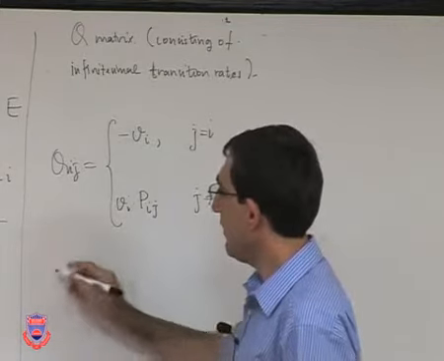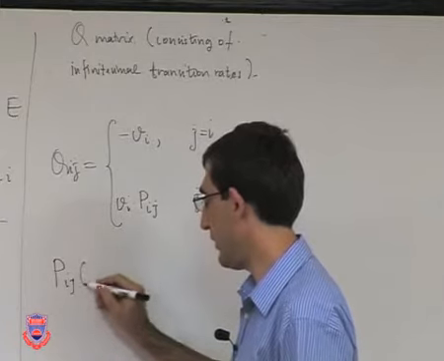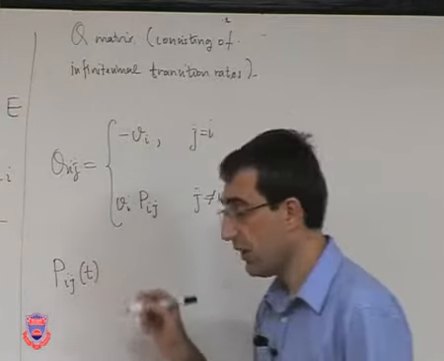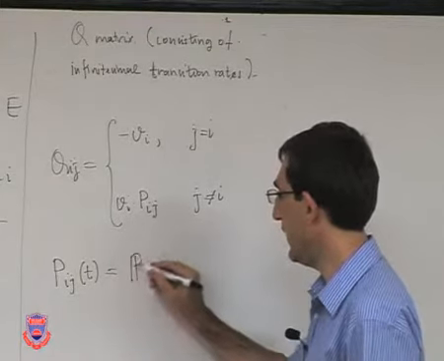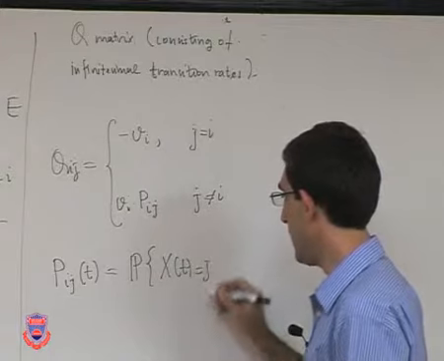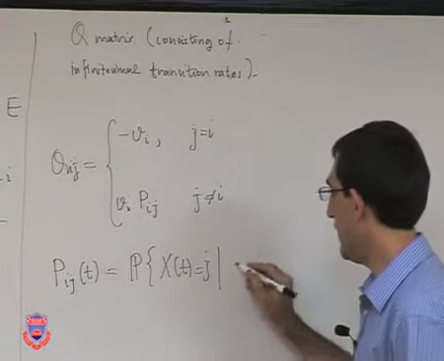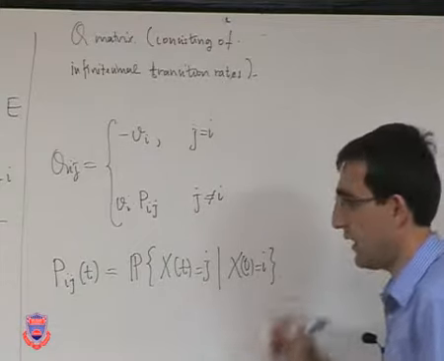When we have this matrix Q, last time we wrote a differential equation that the transition probability function is supposed to satisfy. We denoted by Pij(t) the conditional probability that at time t the continuous time Markov chain is going to be in state j, given that at time 0 it was in state i.